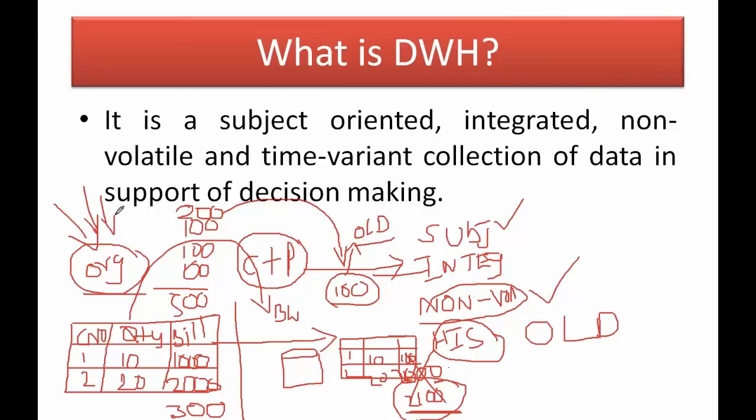That's the reason we call this system OLTP, Online Transaction Processing System. Every day we'll be getting sales, transaction data, which contains present data, current data. But this system we call OLAP, Online Analytical Processing System, which contains old data, historical data.